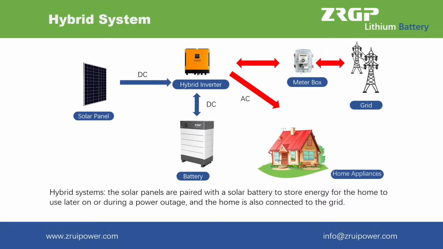This means being able to store solar energy that is generated during the day and using it at night. When the stored energy is depleted, the grid is there as a backup, allowing consumers to have the best of both worlds. Hybrid systems are also able to charge the batteries using cheap off-peak electricity, usually after midnight to 6 a.m.